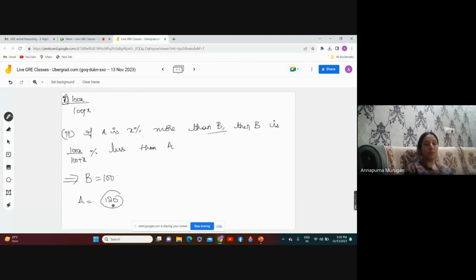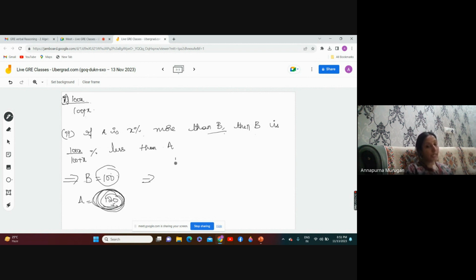But if I want to check by how much B is less, what is the percentage? By how much is B less than A? Because our referring point is A here. So therefore, it becomes what?